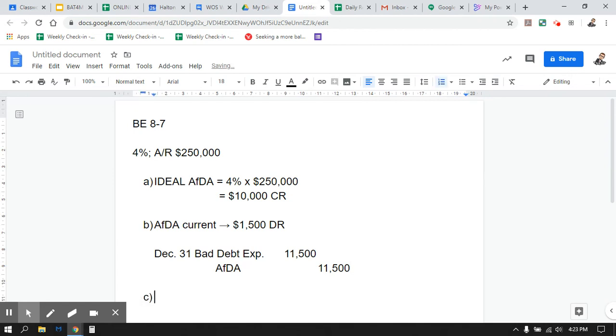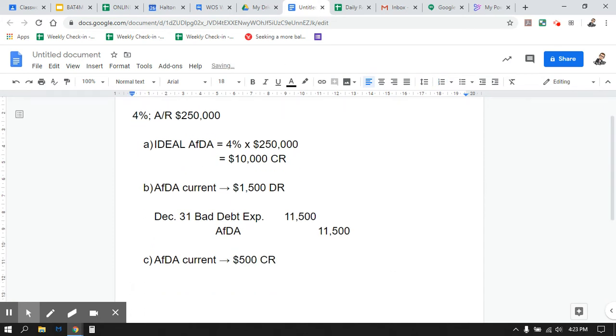Part C of the question asks me, well, what if the AFDA balance was not $1,500, but was $500 credit? Well, again, this is just using your basic credit and debit theory.